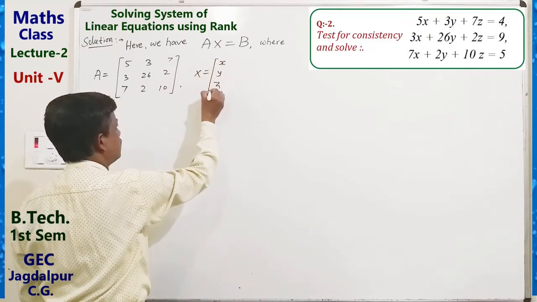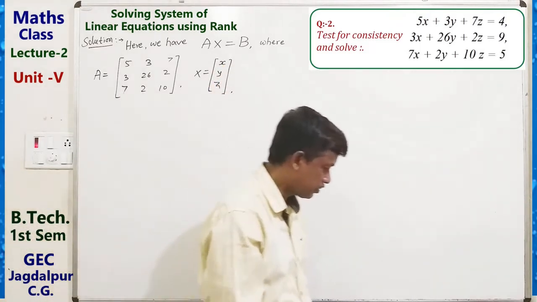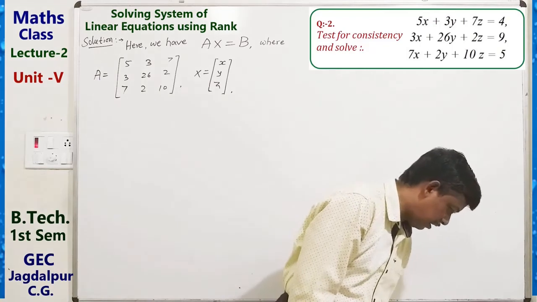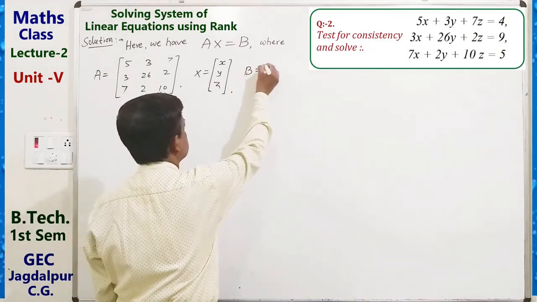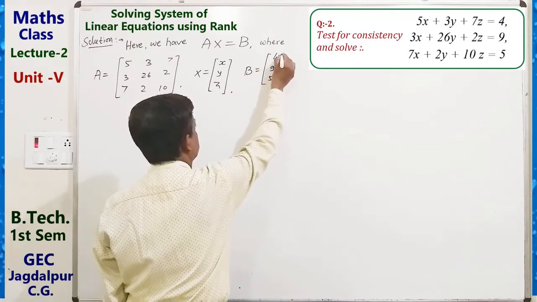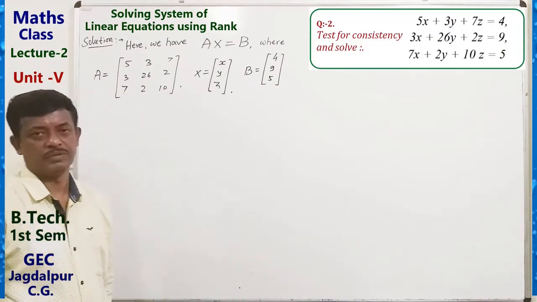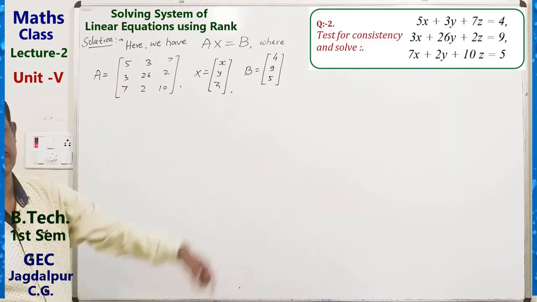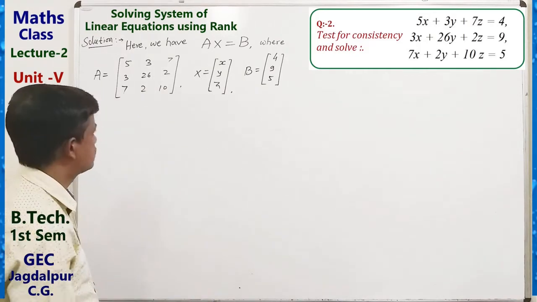Number of unknowns is 3. And b equals (4, 9, 5). Here the square matrix will be the coefficient matrix, because it is 3 by 3. So 3 unknowns, 3 equations.